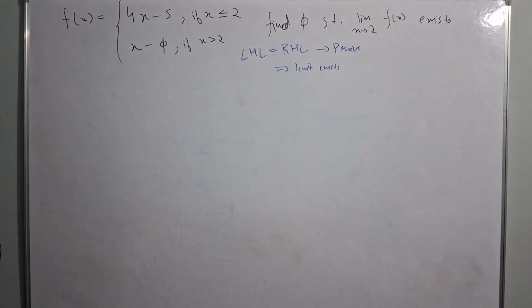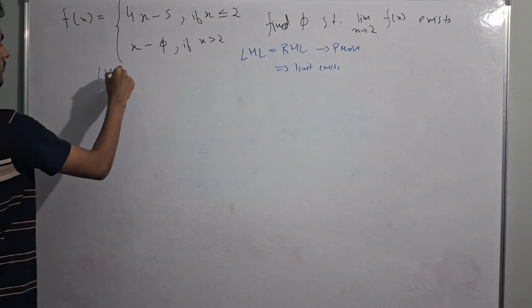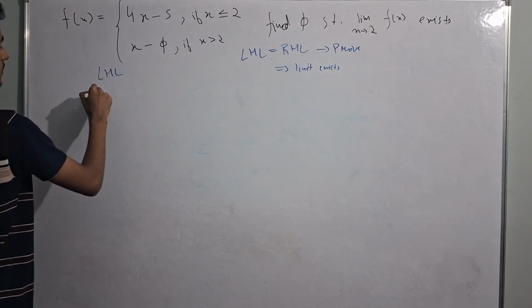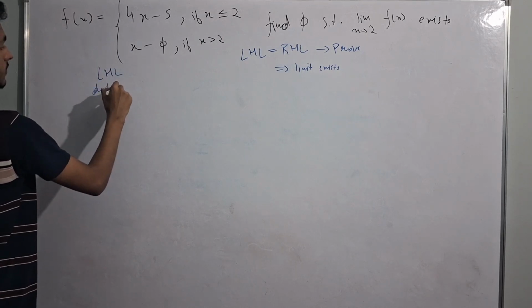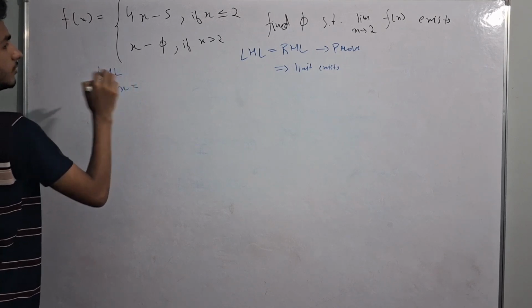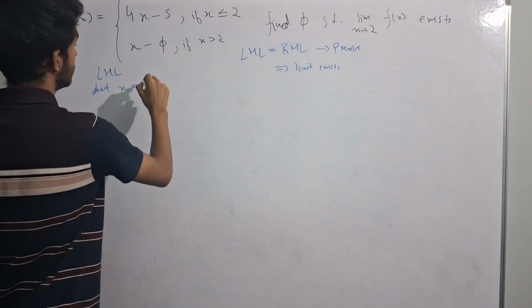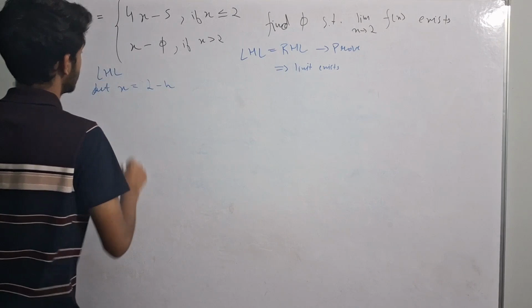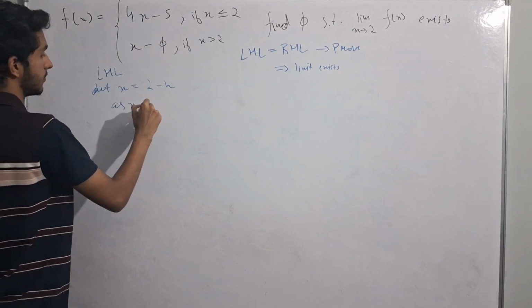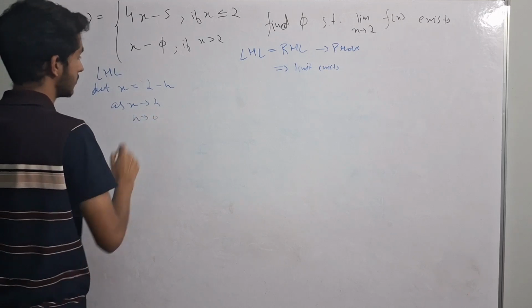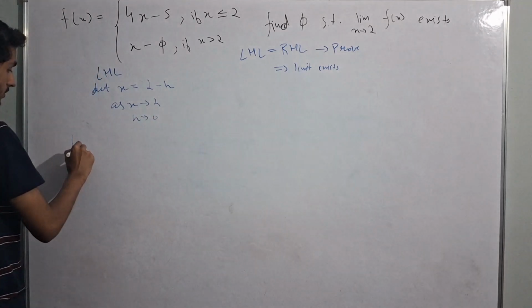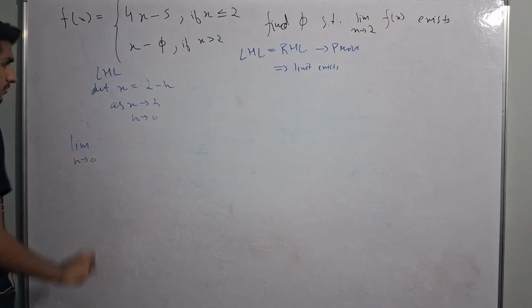So let's go with the left hand limit. Let x be equal to, so 2 negative, so it would be 2 minus h. As x approaches 2, h approaches 0. So we'll do limit h approaches 0.